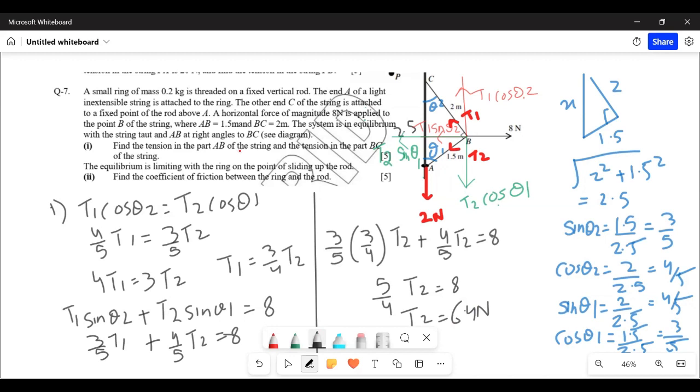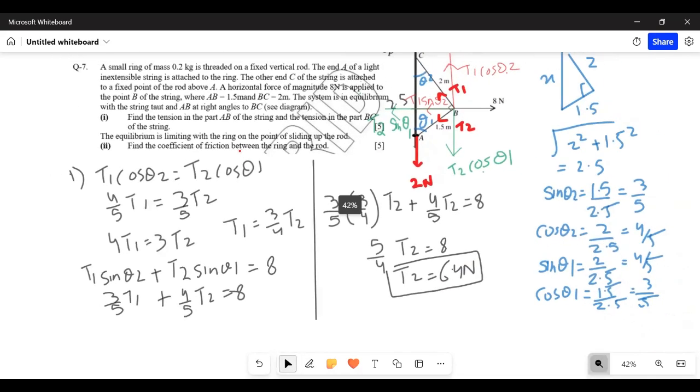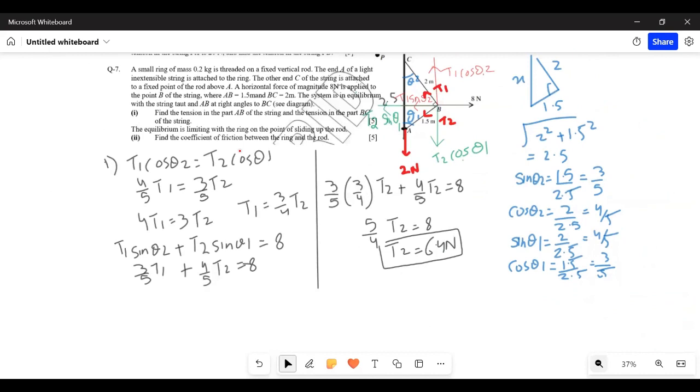All right. So the tension in string T2 is coming out to be 6.4. Now let's find the tension in string T1. For that, we just use this equation. T1 is equals to 3 by 4 T2 and T2 is 6.4.